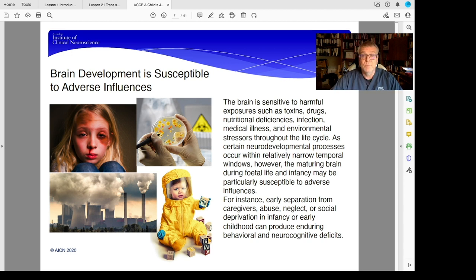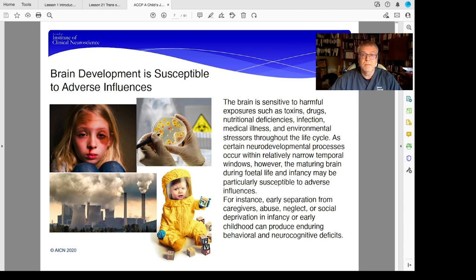And so certain neurodevelopmental processes occur within a relatively narrow temporal window, or a window of time, where certain thresholds have to be met, or certain components have to come together, or that developmental process is either stalled or doesn't happen. And that can influence development of these networks that we're talking about.